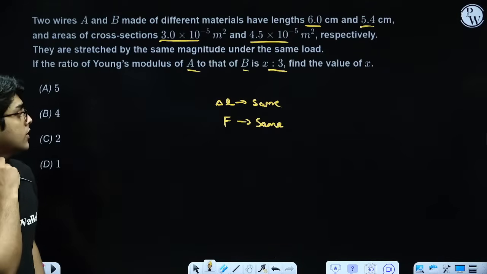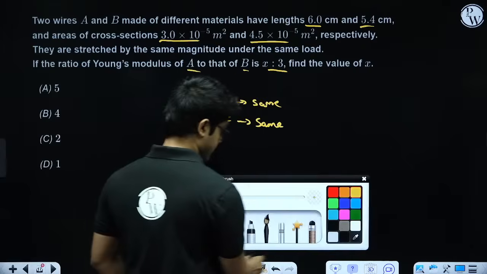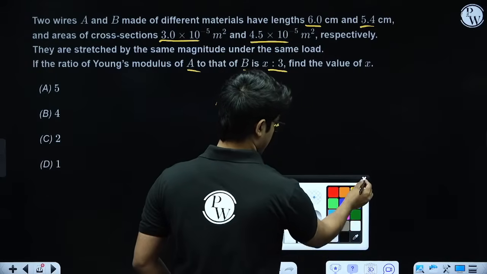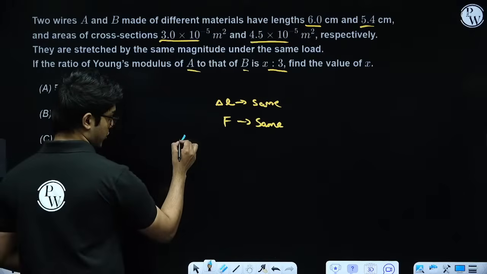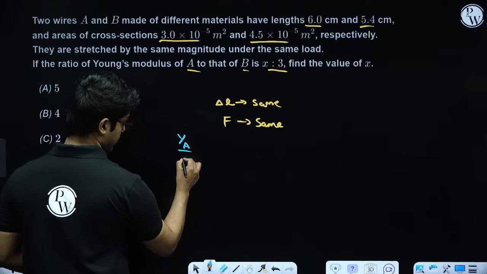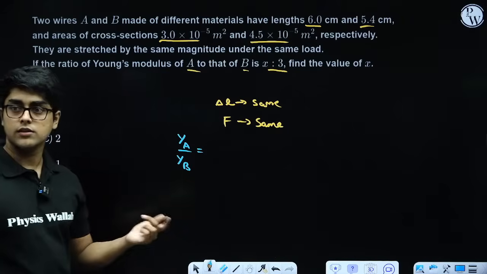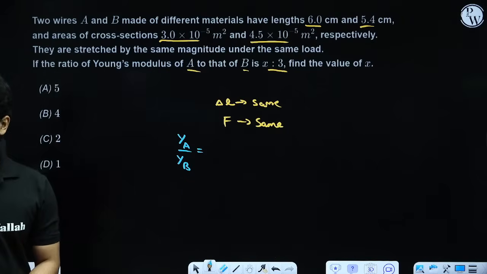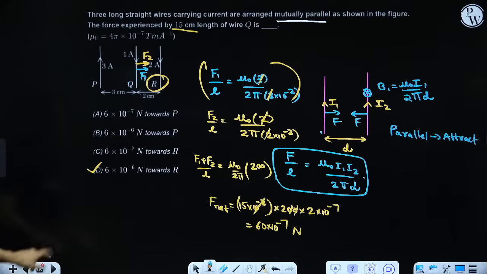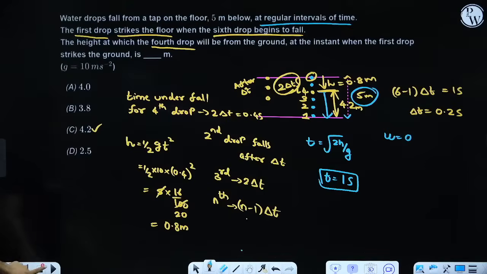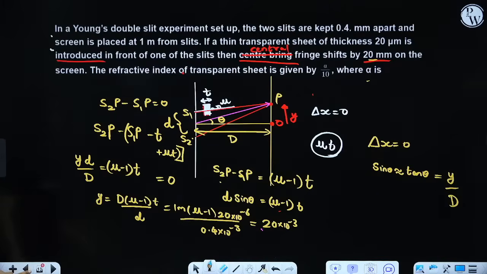Okay, so yeah, now we can just solve for what they asked for. So that is Young's modulus of A divided by Young's modulus of B. So Young's modulus is the ratio of the stress over strain. Is it 14? So which one are we talking about? This is 4.2.